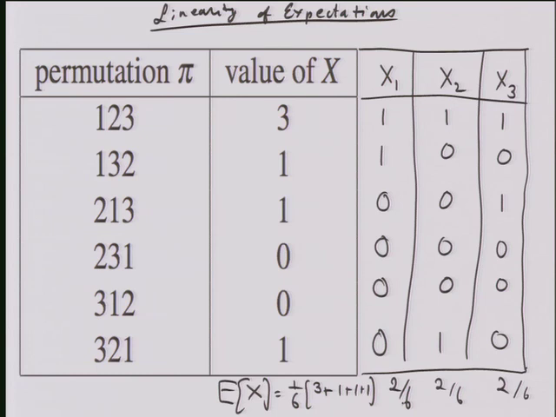Why is that? Well, x sub i is 1 if the ith person gets their homework back. There are 3 people, there are 3 possible homeworks. What's the chance that this particular person gets back his own homework? It's 1 over 3. So this was easy to compute. And then we can add across like this, and we get the same answer, 1.